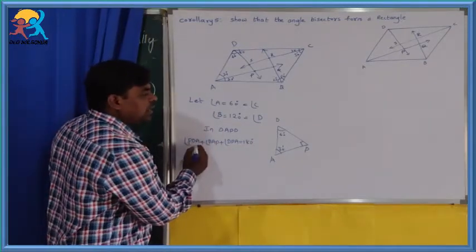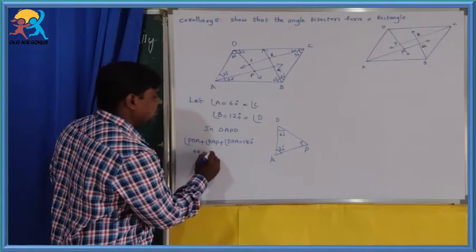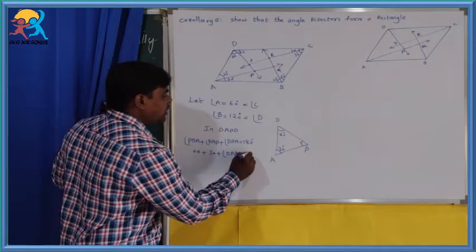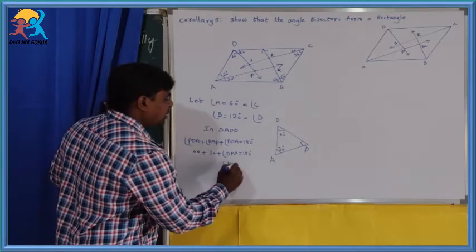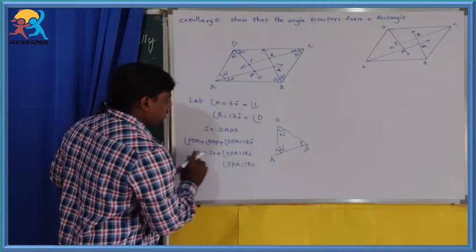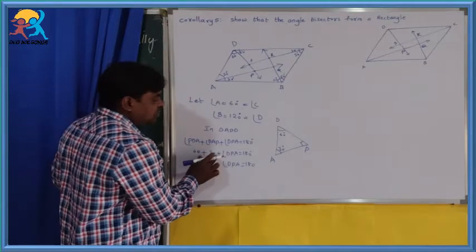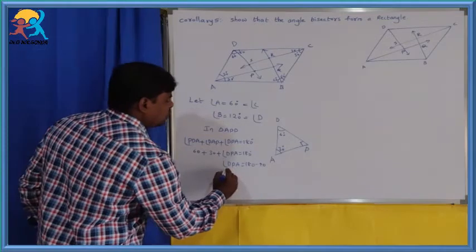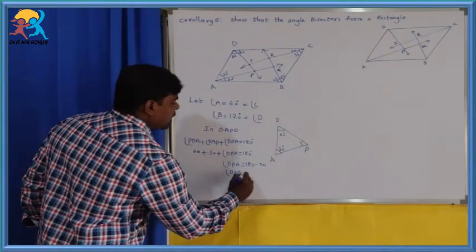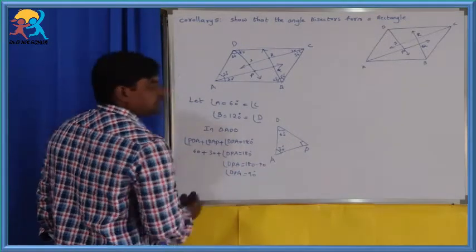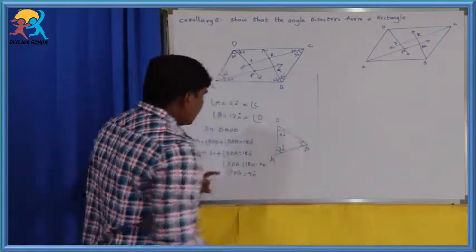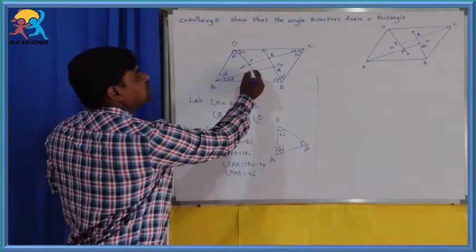So, angle PDA is 60 degrees plus this is 30 degrees plus angle DPA is equal to 180 degrees. So, angle DPA is equal to 180, 60 plus 30, 90. When you send this to this side, it will become minus 90. So, angle DPA is equal to 90 degrees. Now, angle DPA is 90.